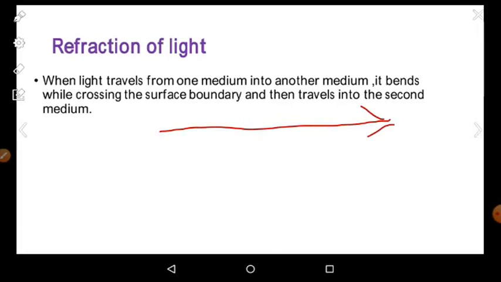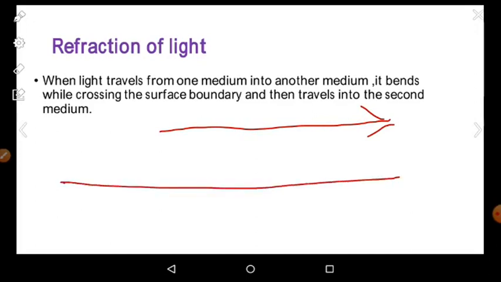As long as it is transmitted in the same material, in the medium, there will be no change in the path of the light. But when the light changes its material of propagation, when it changes its medium, then the direction of the path will be changed.